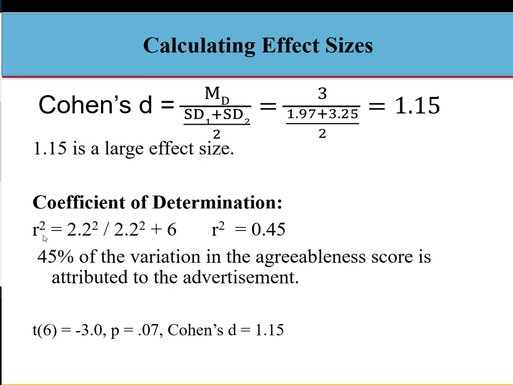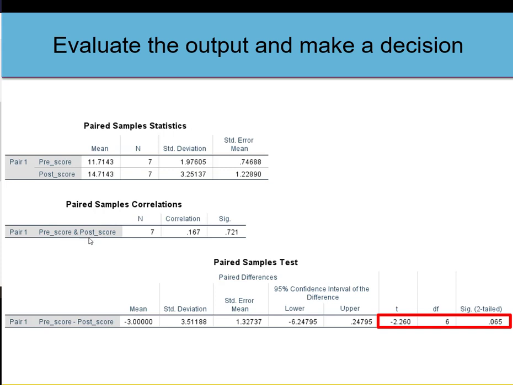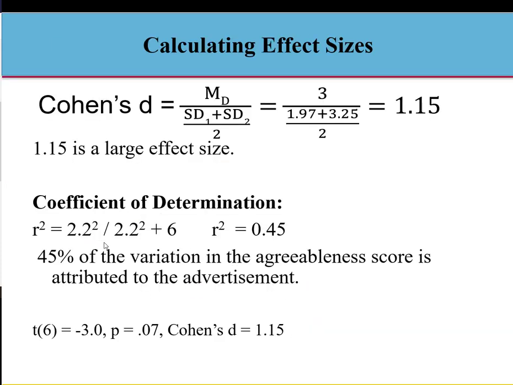And then we have this other thing called coefficient of determination. I've talked about this with the independent samples t-test, r squared. When you do correlation, you just get r. If you square it, you get this coefficient of determination. But I can take my t statistic that I found here, which was -2.2, and take the absolute value. I say 2.2 squared over 2.2 squared plus the degrees of freedom.